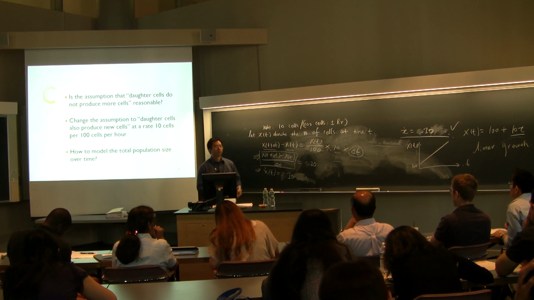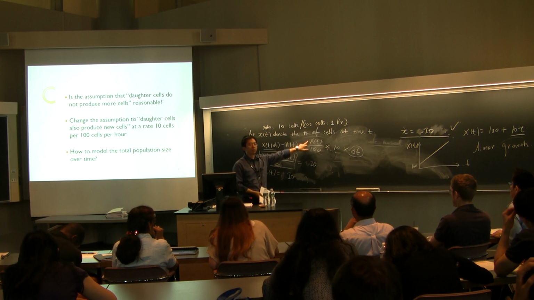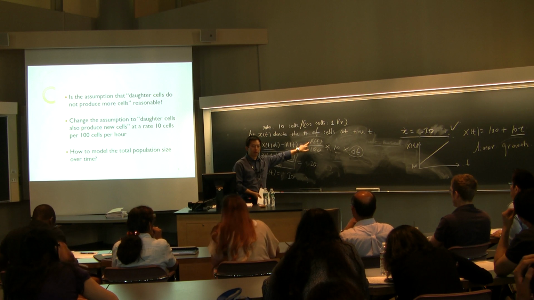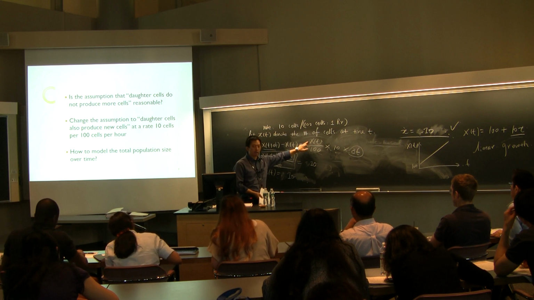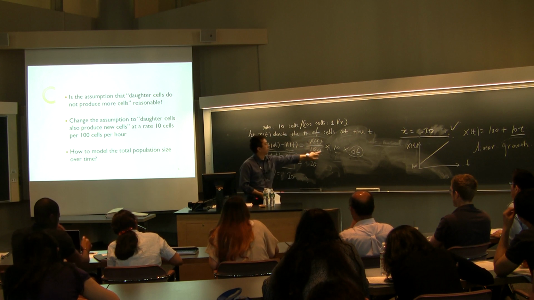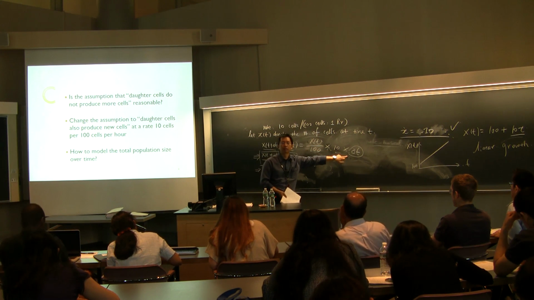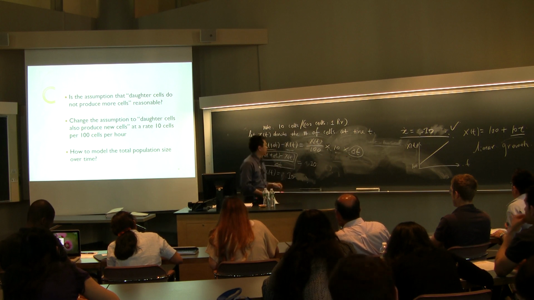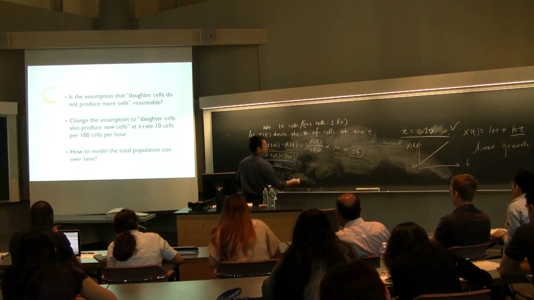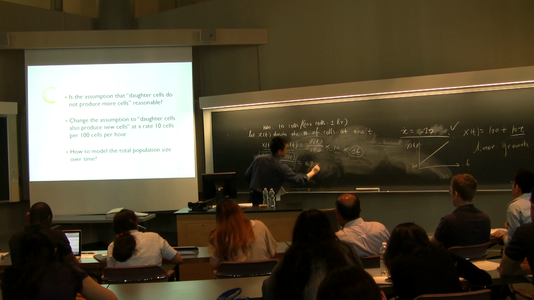Because it doesn't matter whether they are daughter cells or original cells, at time t they all can divide. So now I calculate how many 100 cells I have, multiply by 10 cells, and then the time interval. So now here you will have 0.1 xt.